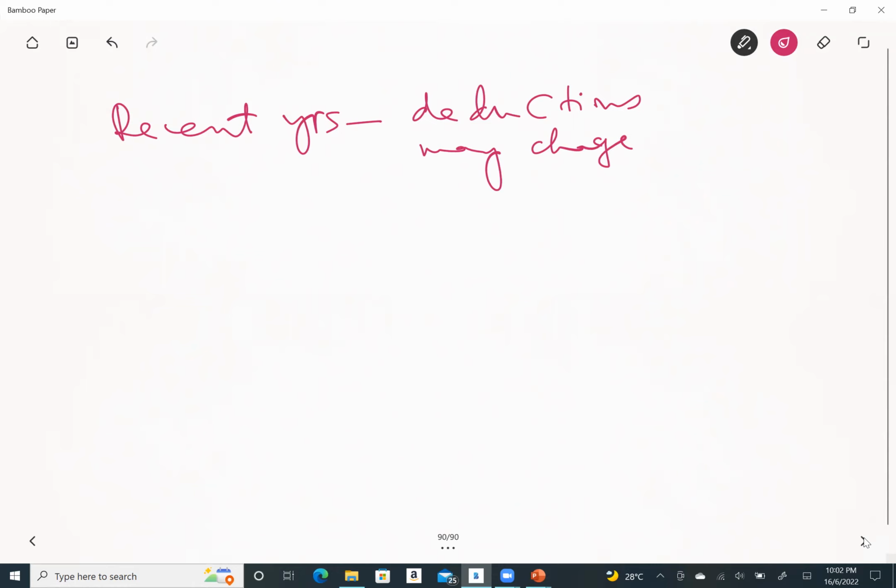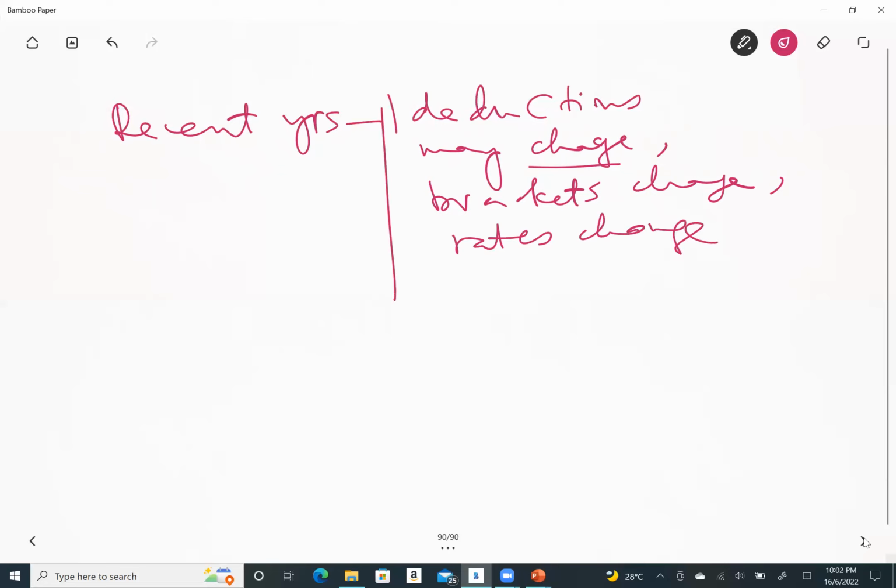So deductions may change, brackets may change. You may have a different bracket, a higher minimum bracket. Brackets can change, and the rates can change.